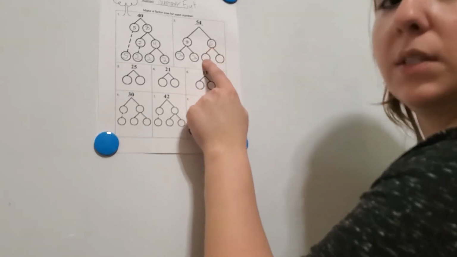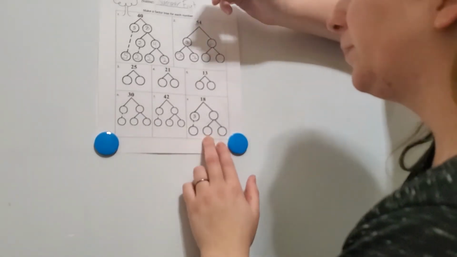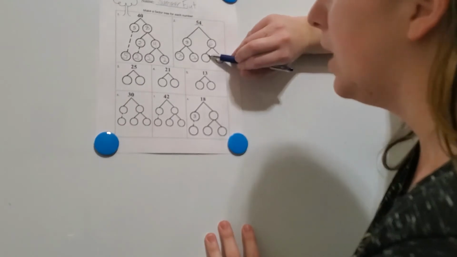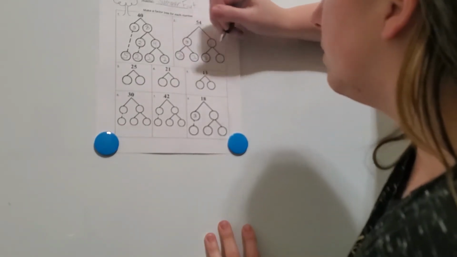And there are numbers that can be multiplied together. There are multiple factors of 6, and those would be 3 times 2.